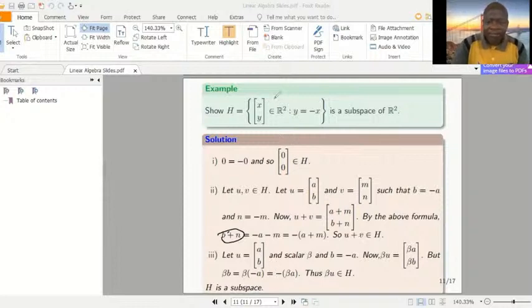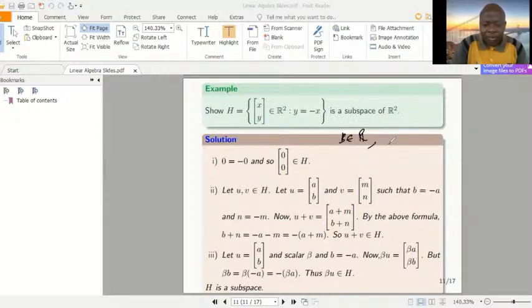Good. Now, this time I want to pick a scalar beta. I want to pick a scalar beta from the real numbers.